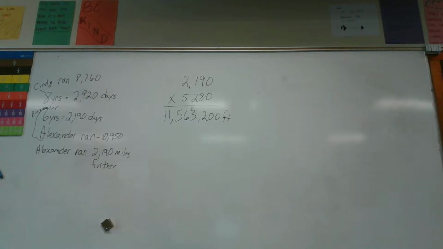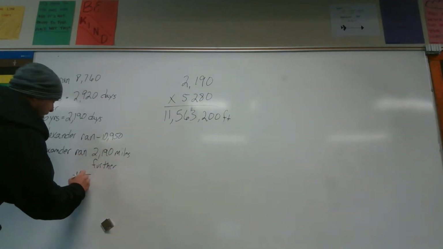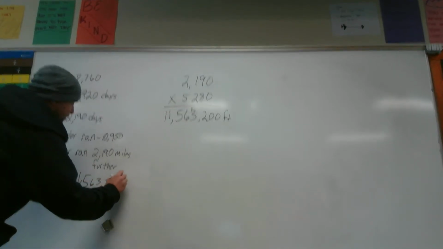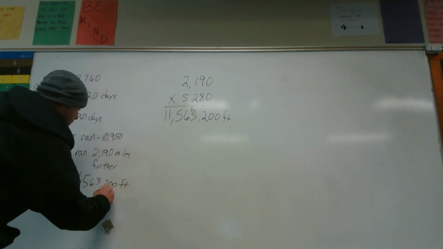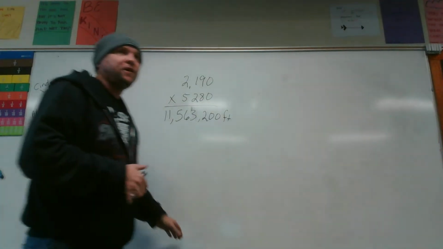All right, so now that answers another question. Alexander ran 11,563,200 feet further. He ran that many feet further.